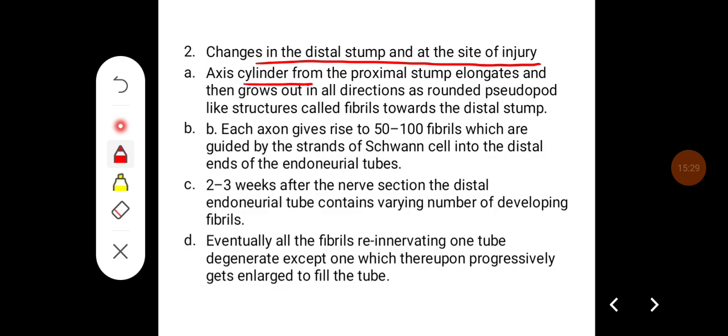The axis cylinder from the proximal stump elongates and then grows out in all directions as rounded pseudopod-like structures called fibrils towards the distal stump.